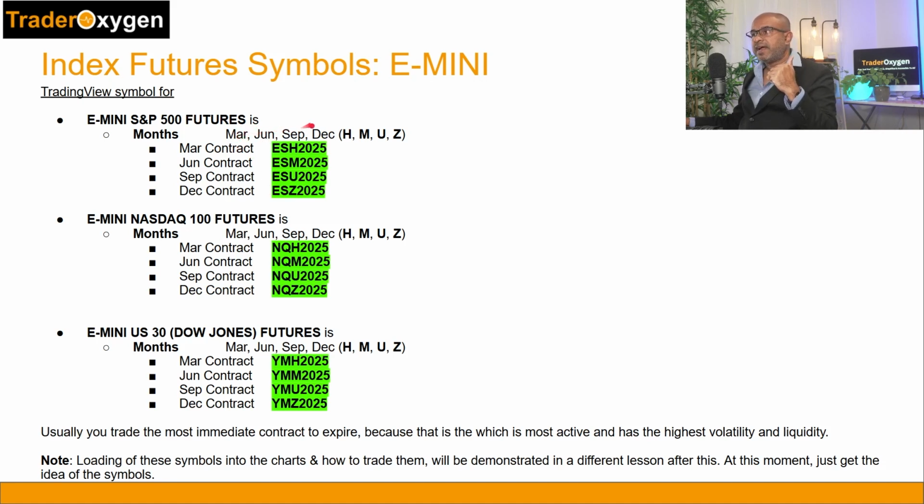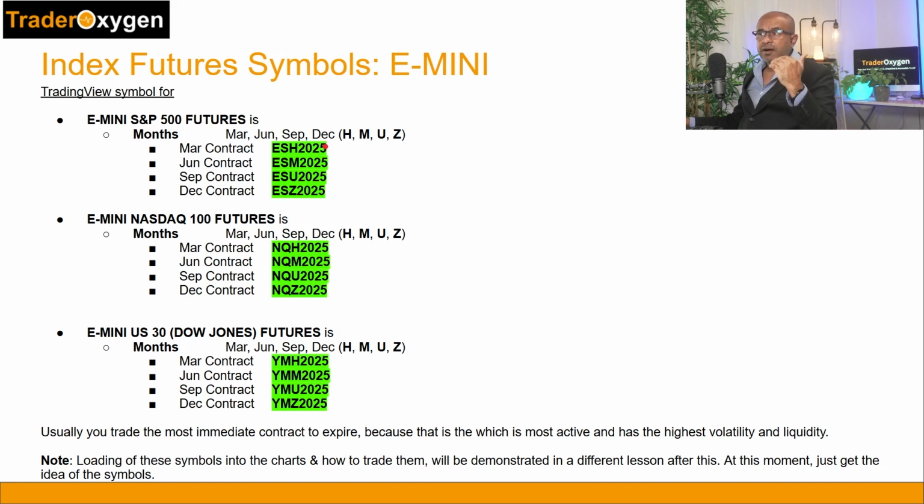So the March contracts are having the letter H, June will have letter M, September contracts will have the letter U and December will be Z. So if you want to trade the March contract of E-mini S&P 500 futures, let's say in year 2025, then you have to load the symbol ESH 2025. So how that is made is ES stands for E-mini S&P 500 futures, then H stands for March, then whatever the year you are. So if this is in year 2026, you will put 2026.